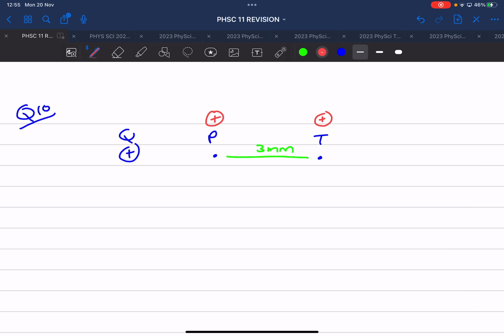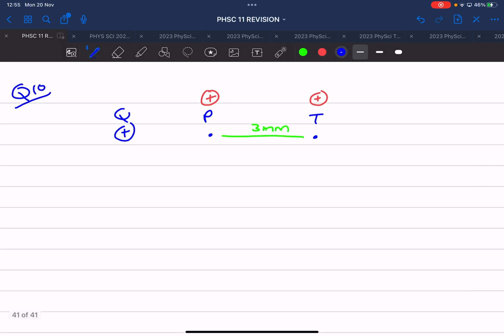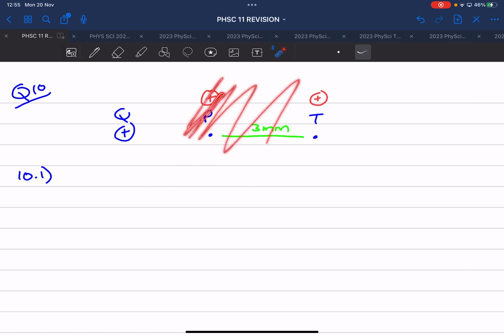Okay. Now at the first question, at question 10.1, they ask draw electric field pattern around Q. Onthou P en T gaan nie 'n veldpatroon maak nie. They are not going to be, oh, this is positive, they're going to repel each other. Nee. P and T is just like if you put a needle in there, 'n naald daar en hy toets ietsie. Okay, so dit geen effek nie.